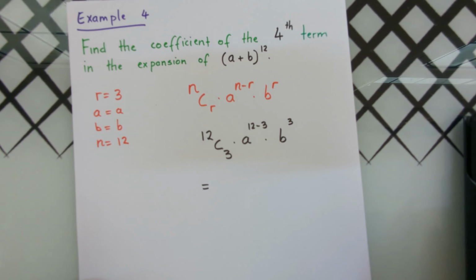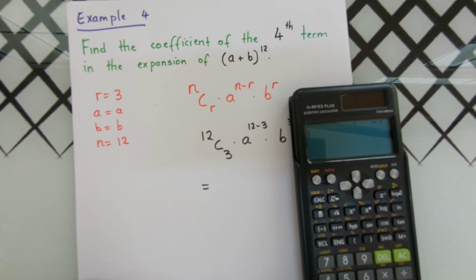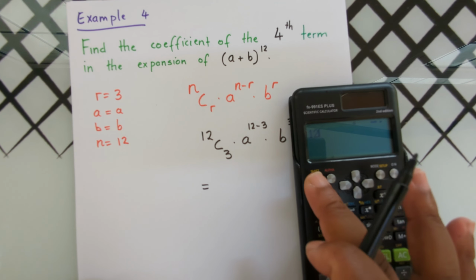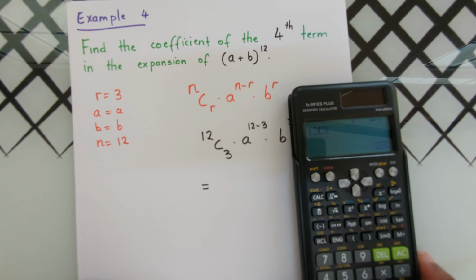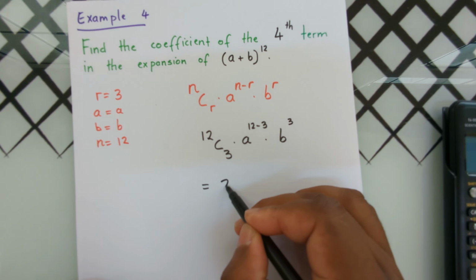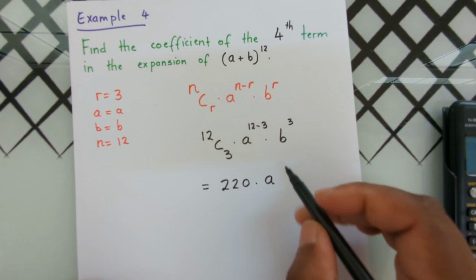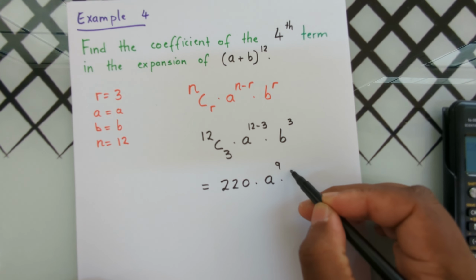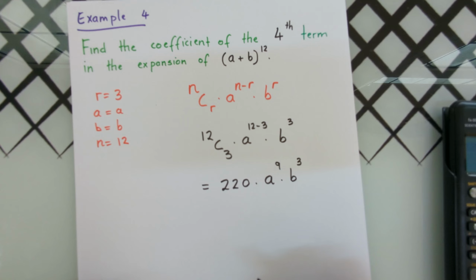Let's go to our calculator. 12 choose 3 gives us 220. So this is 220 being multiplied by a to the power of 12 minus 3, that's 9, multiplied by b to the power of 3.